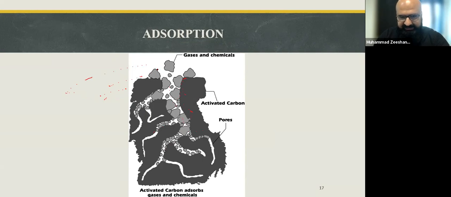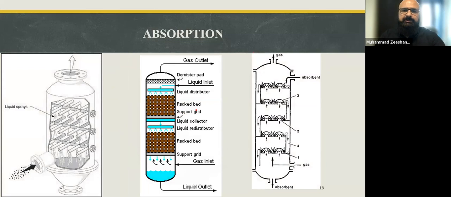So when the dirty gas comes in contact with this activated carbon, molecules of VOCs are attached on the surface, and the cleaner gas is obtained downstream, right? So this whole process occurs in a closed chamber, of course, and we can regenerate or desorb it later using thermal and chemical processes. The second option that we have for gaseous pollutant removal is that of absorption, right?